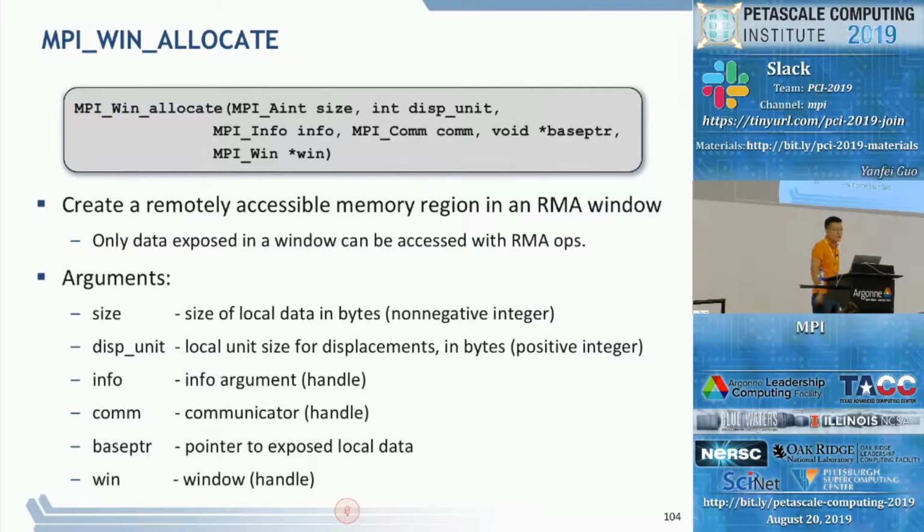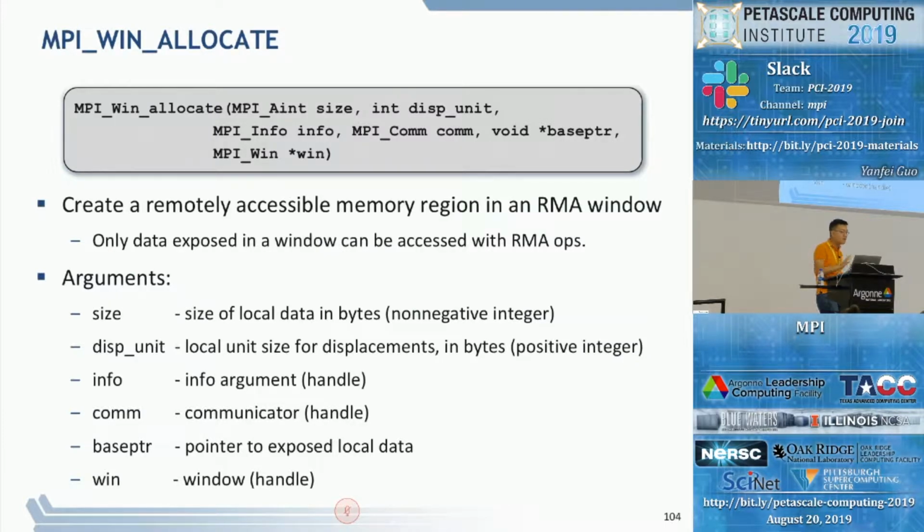That's the MPI object. The info hint mechanism is all over the place in MPI. It gives you an option: there are many features in MPI RMA, and you can explicitly say I use this feature and I don't use anything else.